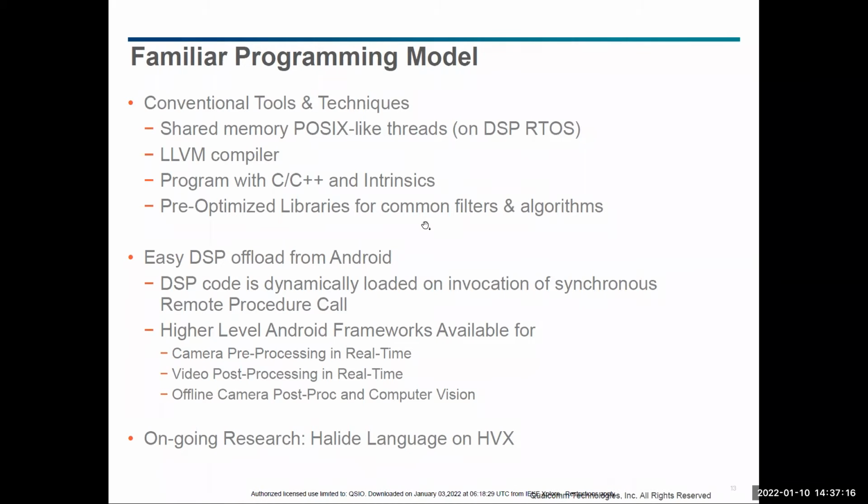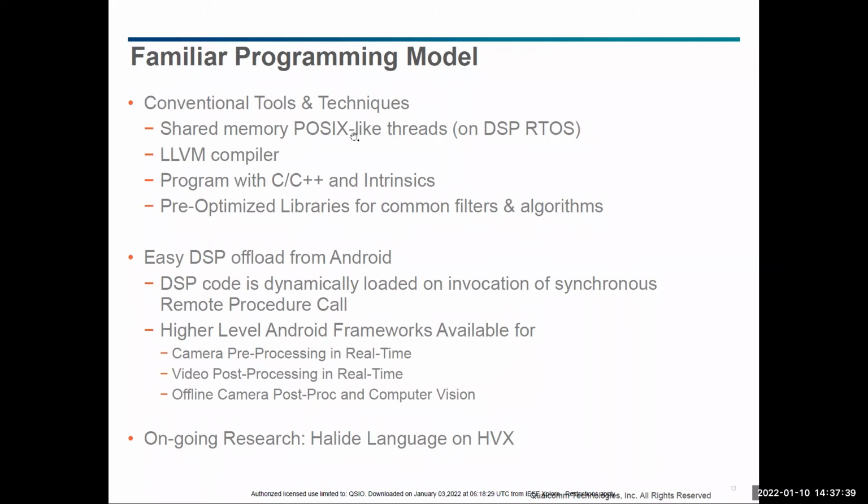They are available on the developer.qualcomm.com website, and they also come in the form of an SDK. They come along with the Hexagon SDK also, for which there will be another session in the upcoming days. That will cover more details about the pre-optimized libraries available.